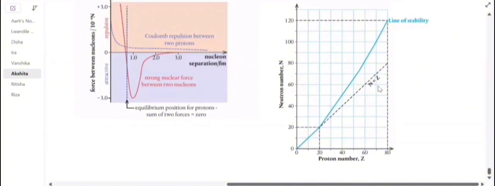But the line of stability goes a little bit up, which is not coinciding with the black line. Hence, only till atomic number 20, for protons and neutrons, you can see strong nuclear forces inside the nucleus.